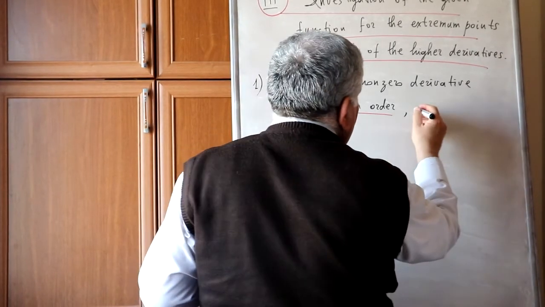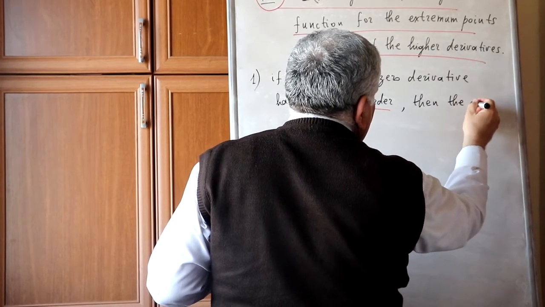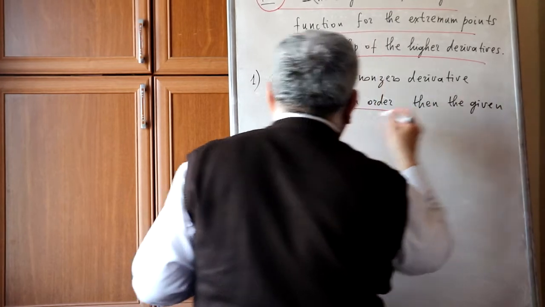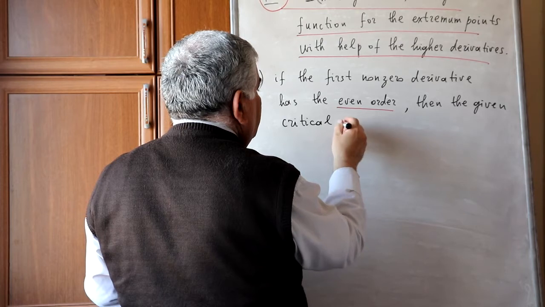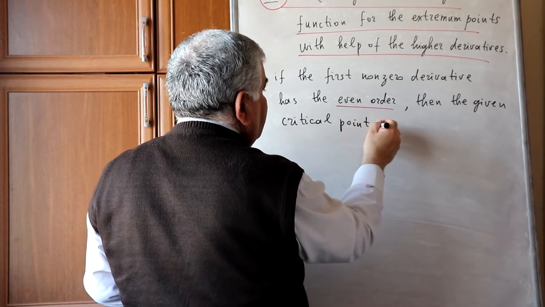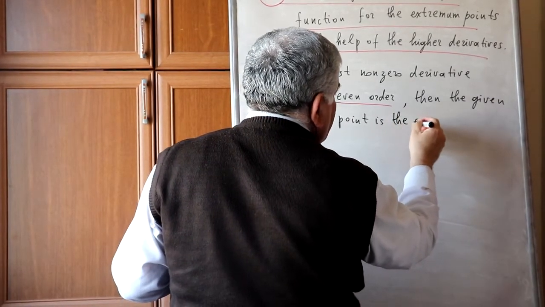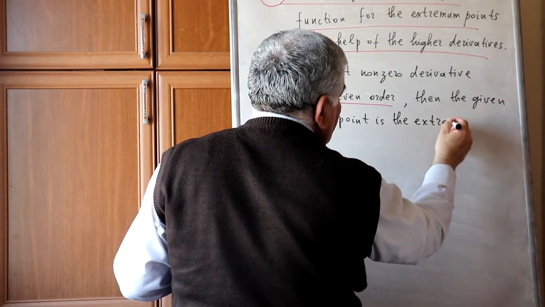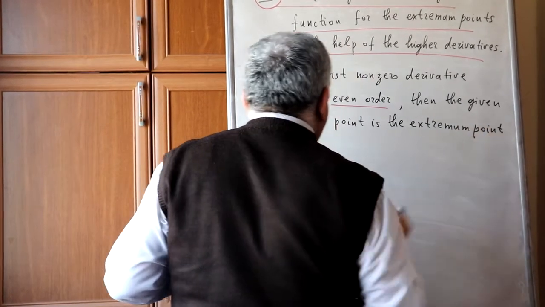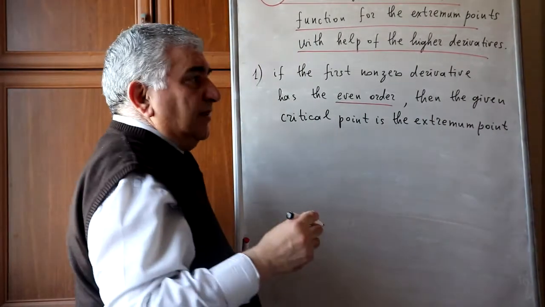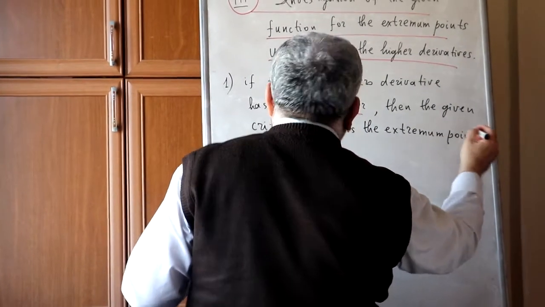Then the given critical point is the extremum point. Then we have the two following sub points.